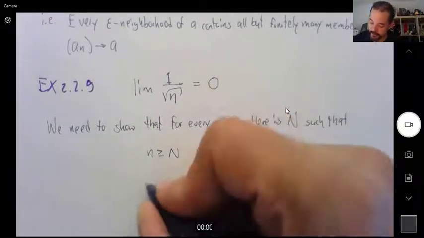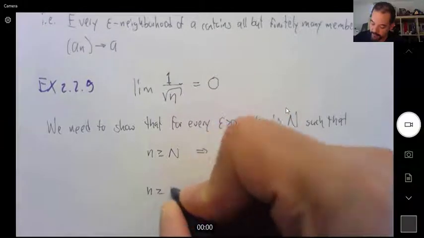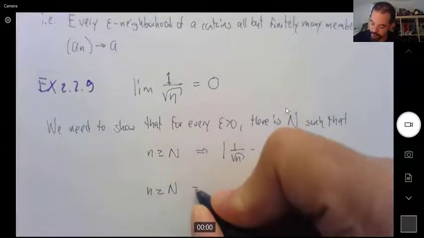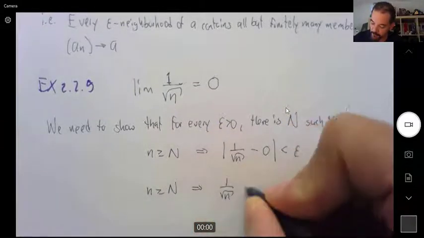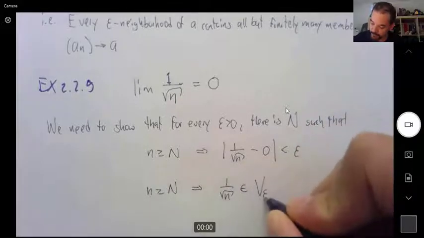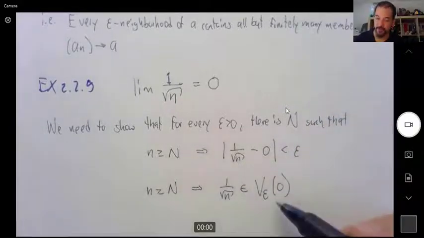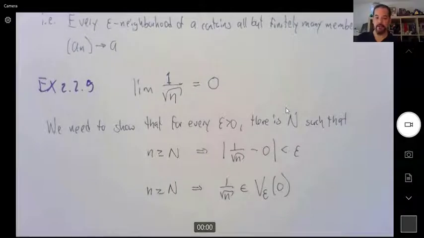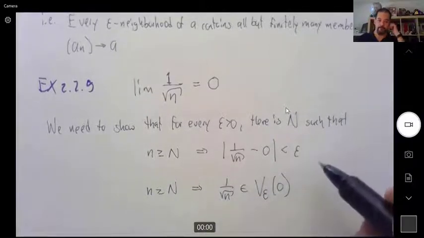Or you can say for n greater than N, 1 over root n belongs to the epsilon neighborhood around 0. These two things say the same thing. In other words, this capital N is the entry point that works for the epsilon neighborhood around 0.